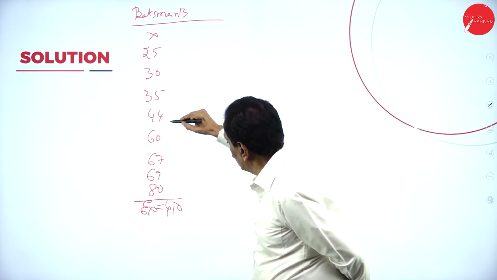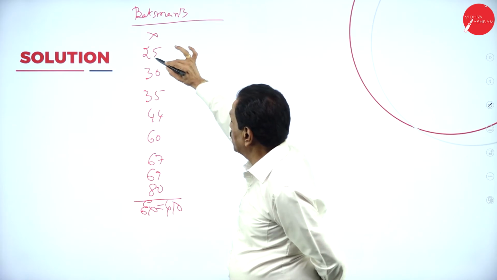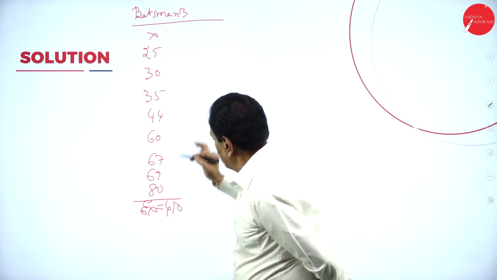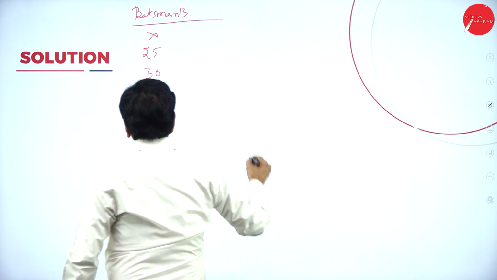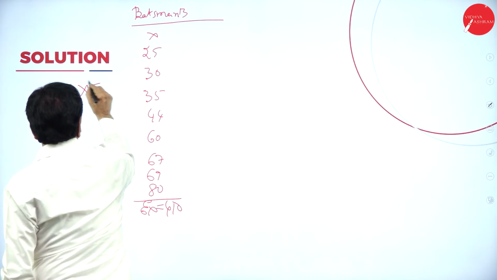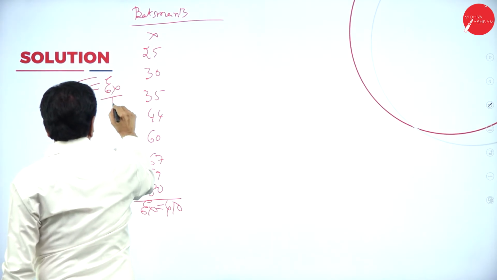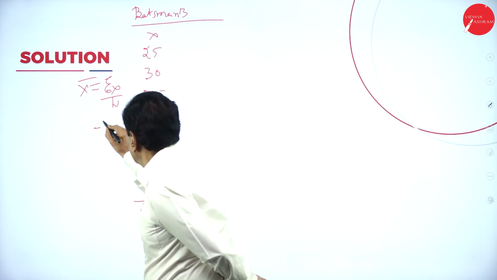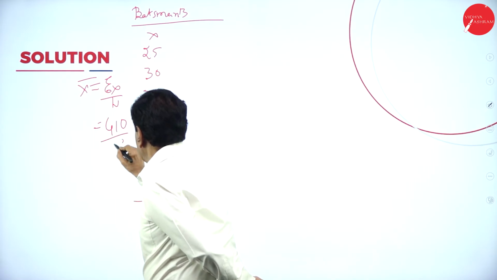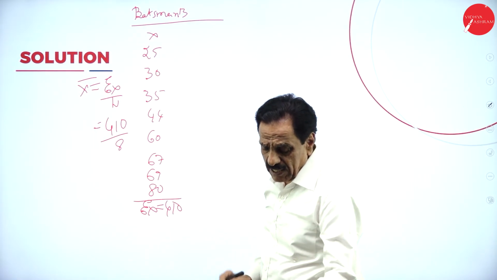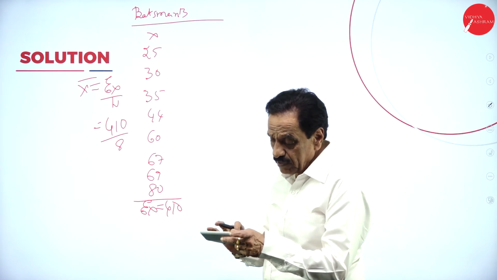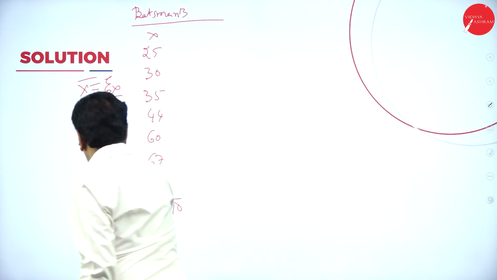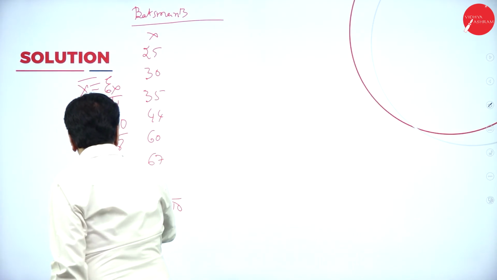Mean is sigma X over N: 410 divided by 8 is 51.25. 51.25 is your mean.